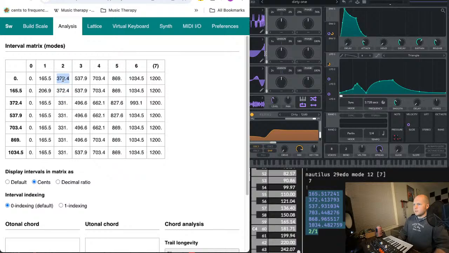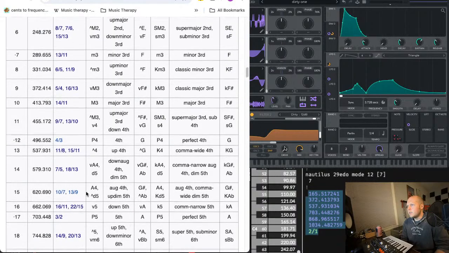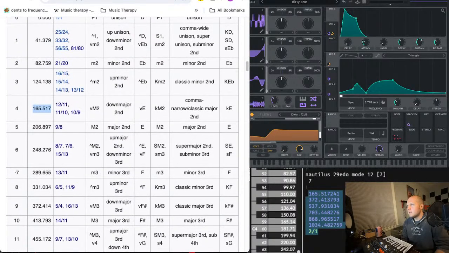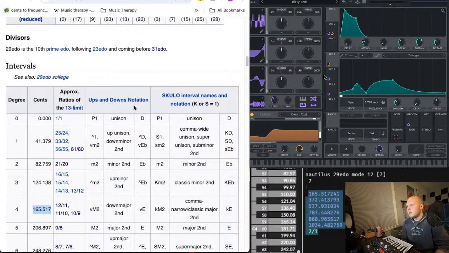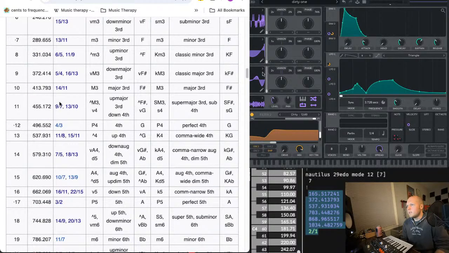And then this is a really interesting interval. I was looking at it earlier. And yeah, there's no good lower limit approximations to this one, and I don't know of a higher limit one.